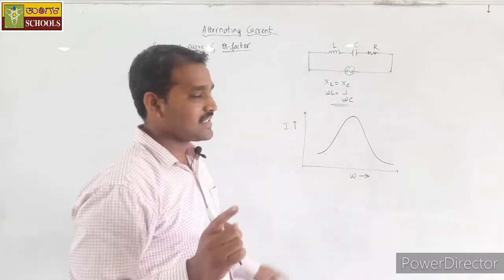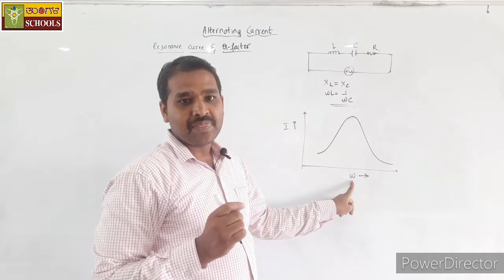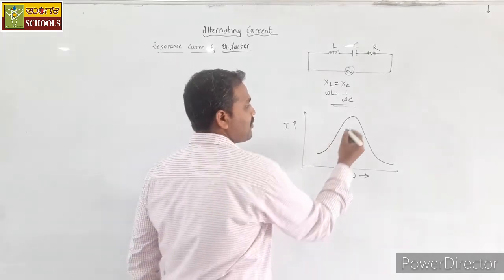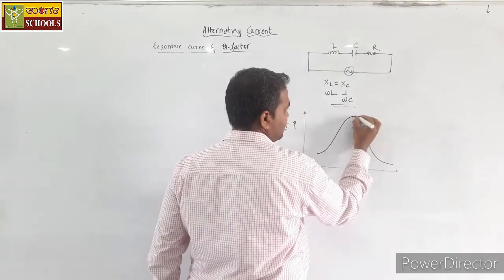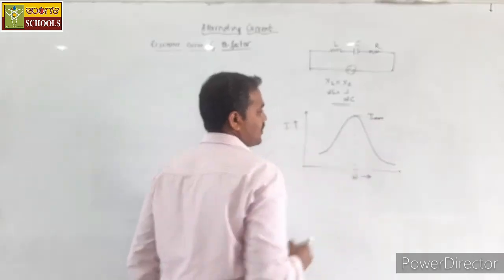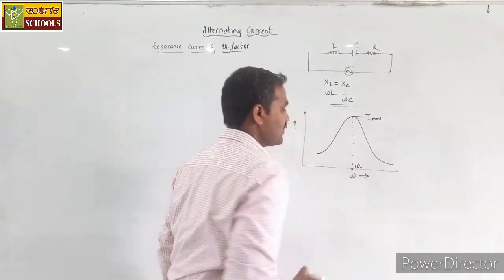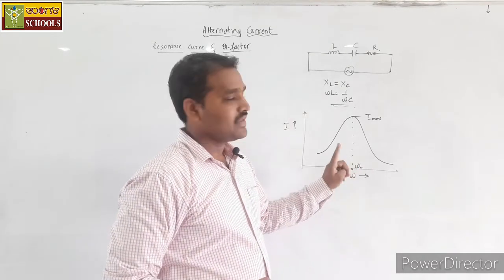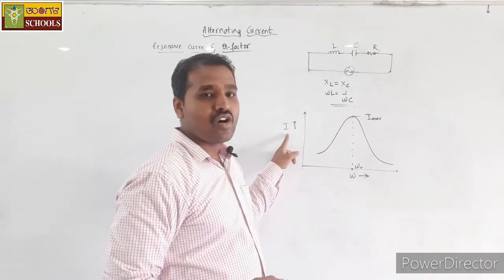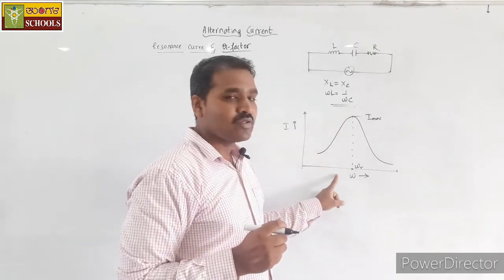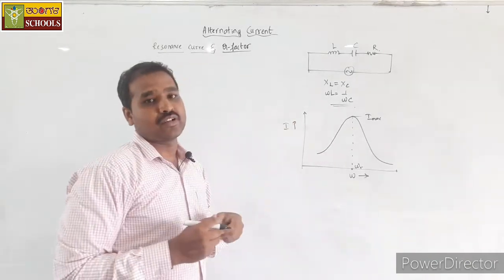For a given value of resistance, this is the variation of the current for the different values of the frequency. At a certain point we will have the maximum value of the current. At this point current is a maximum, and this value of omega we call the resonant frequency, ωR. So the curve which represents the variation of the alternating current with respect to the frequency of the AC source is called the resonance curve.